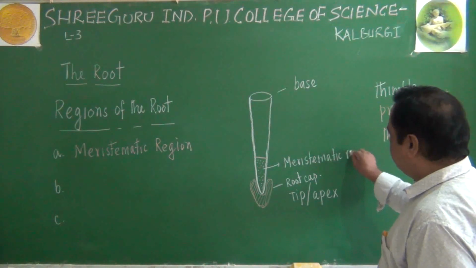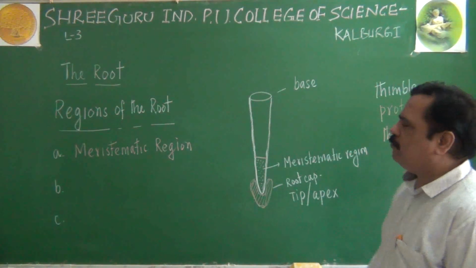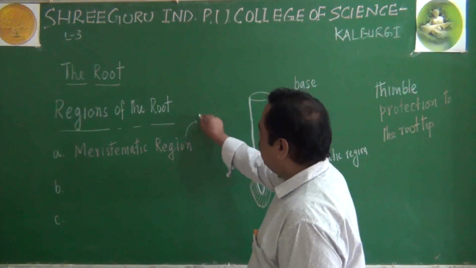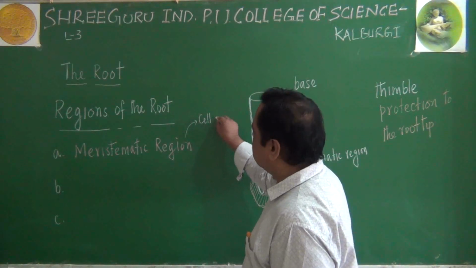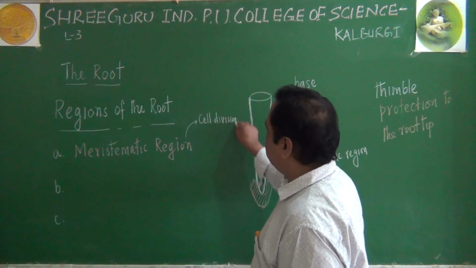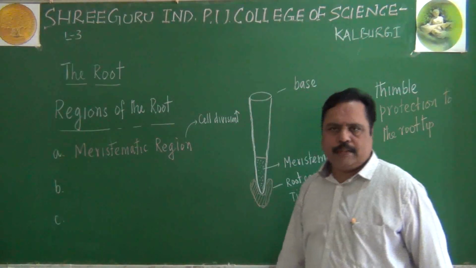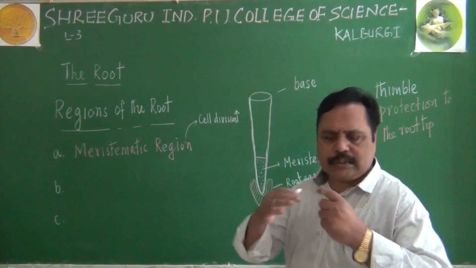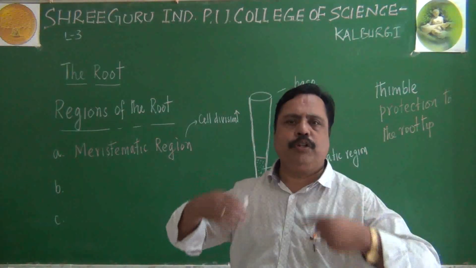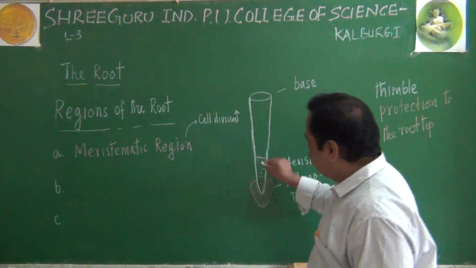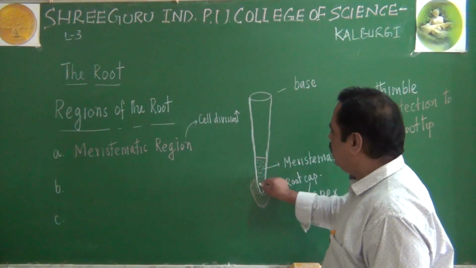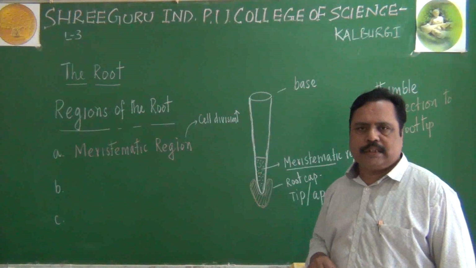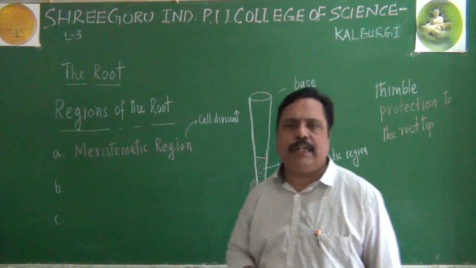Meristematic region, remember. What is the speciality of the meristematic region? This region contains rapidly dividing cells. Cell division is more in this area. Those cells divide by mitosis and produce more and more new cells. Such a region of the root which contains rapidly dividing cells is known as the meristematic region.